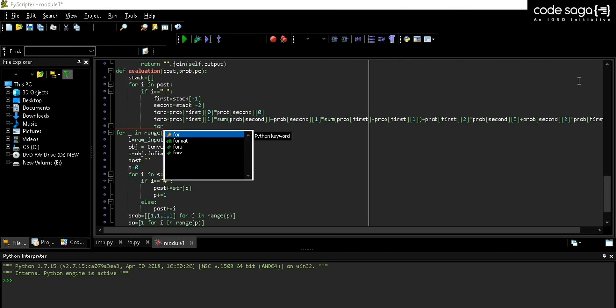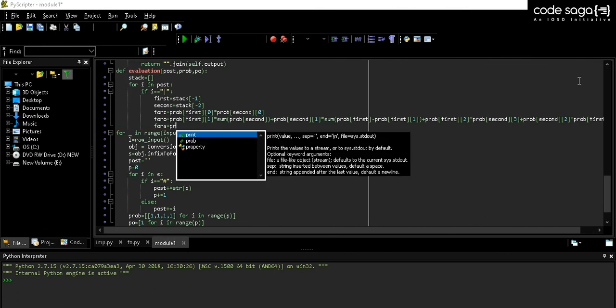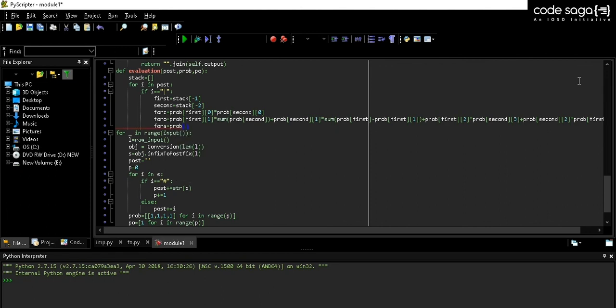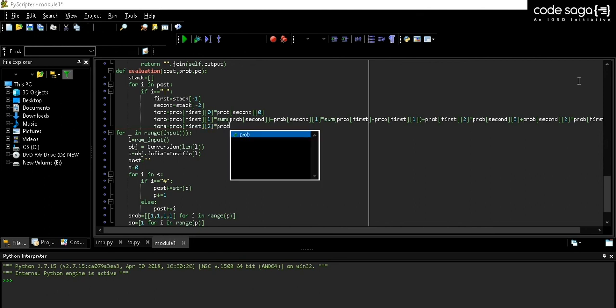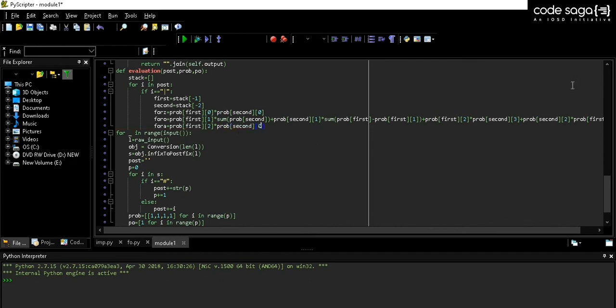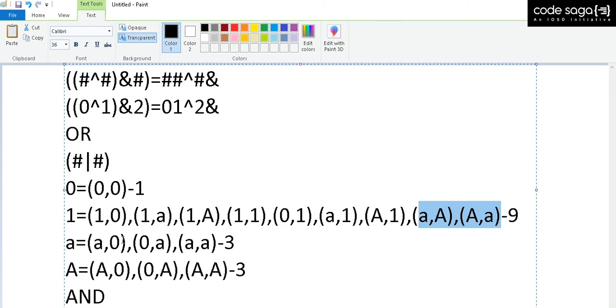For the probability of A, we will find there are 3 cases. So we'll go probability of first is A, which will be 2, into probability of second is 0, as that was the first case here, A and 0.